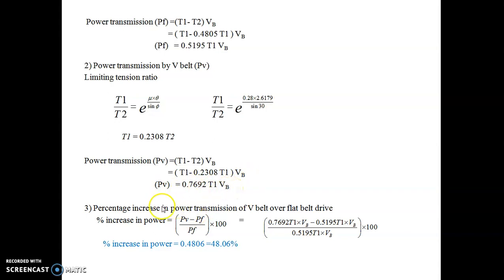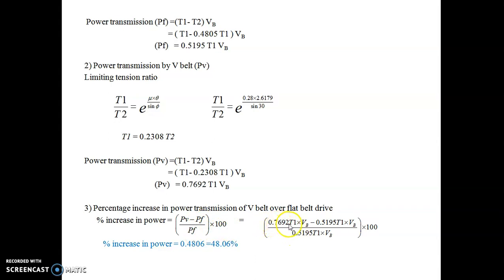To find out the percentage increase in power transmission of V belt over the flat belt, the percentage increase in power will be equal to power transmitted by V belt minus power transmitted by flat belt divided by power transmitted by flat belt into 100.